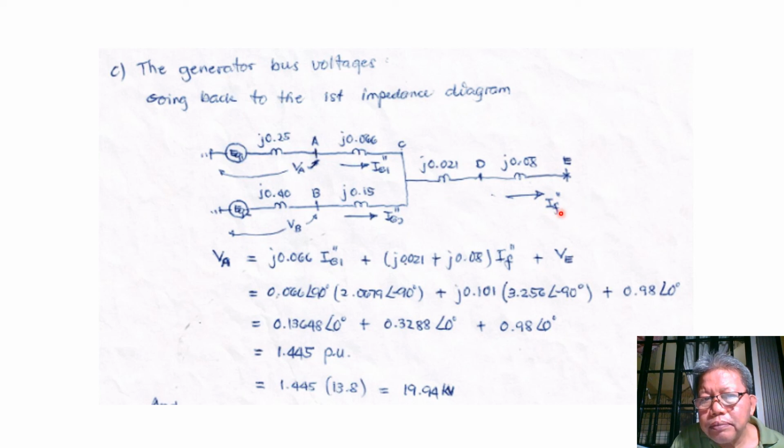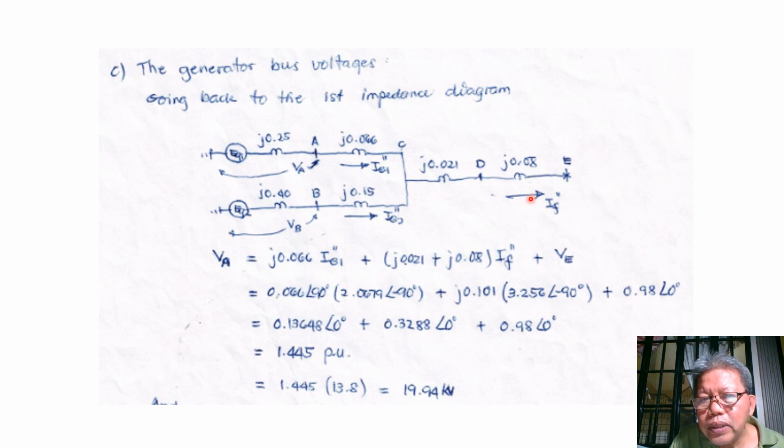So the voltage drop up to point E is this impedance plus this impedance, times IF, and then plus, of course, we have V sub E, because our voltage has to be measured with respect to ground. So our bus E actually is from this point to the ground.